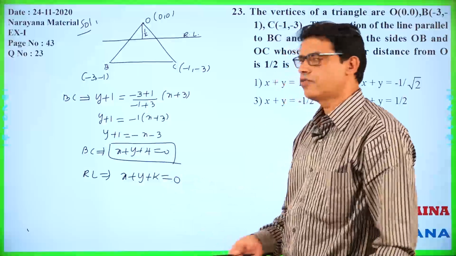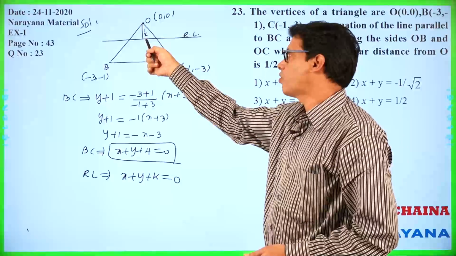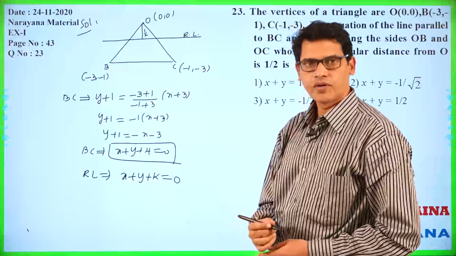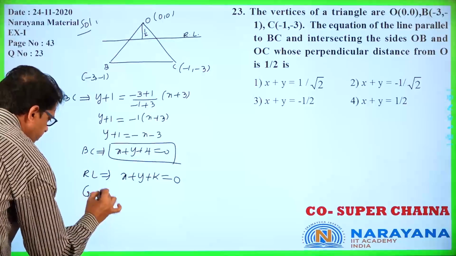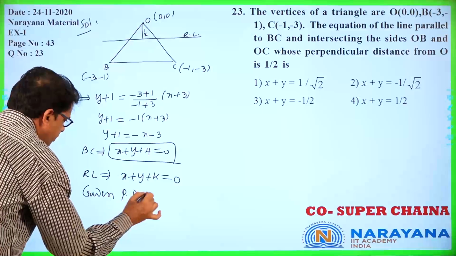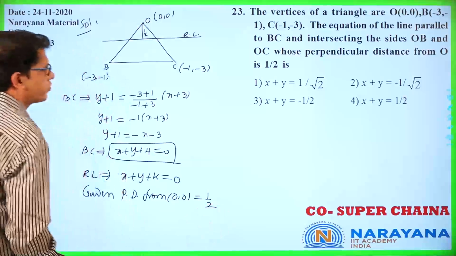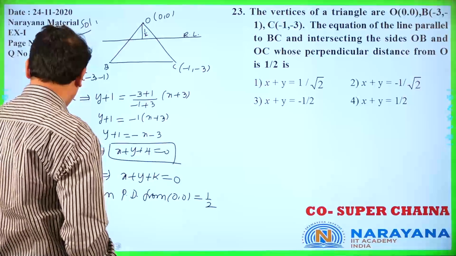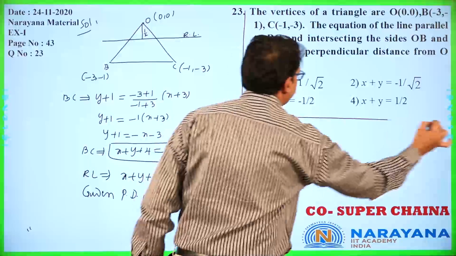Now to find the k value, what is given? Perpendicular distance from origin equals how much? 1 by 2. So given perpendicular distance from origin 0, 0 equals 1 by 2. Therefore apply the formula.